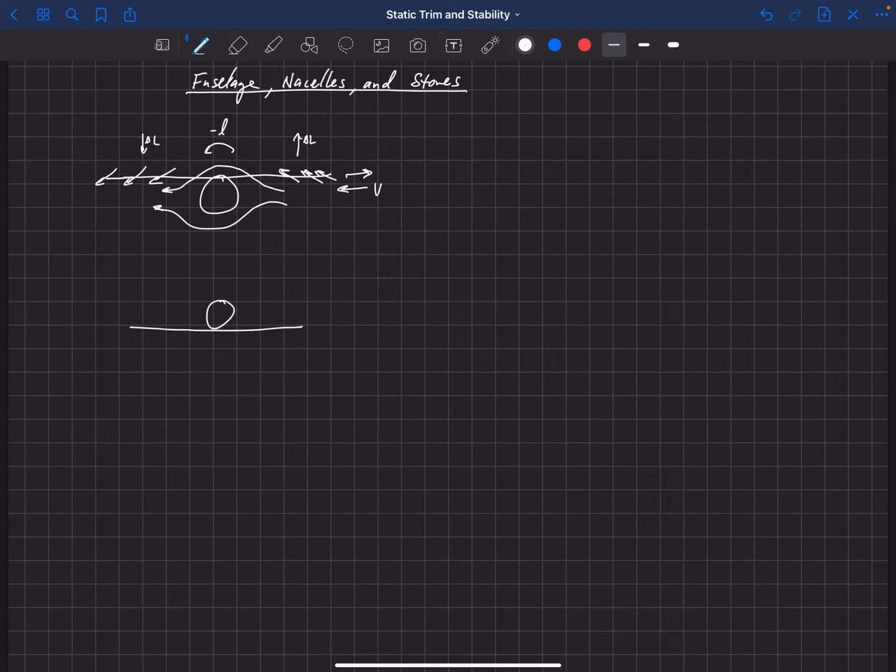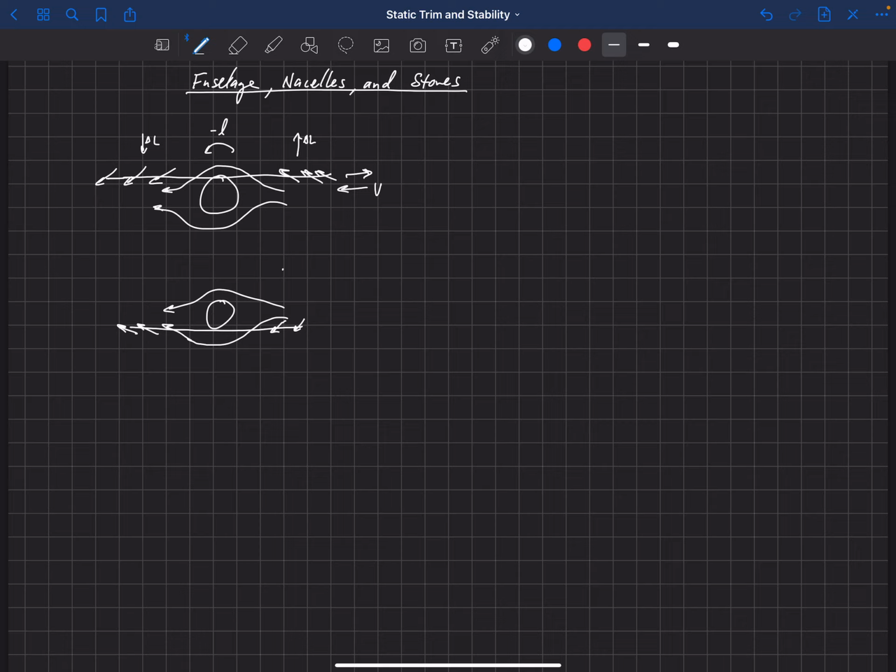That means that the fuselage sits above the main wing, and we actually get the opposite effect. So we'd get streamlines now that do something like this. And so on the right hand side, again, if we're looking from the back of the aircraft towards the nose of the aircraft, on the right hand side we get a decrease in lift, and on the left hand side we get an increase in lift simply due to that component of velocity that's induced by that flow needing to go around the fuselage.